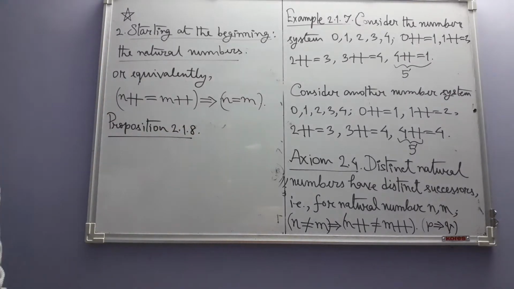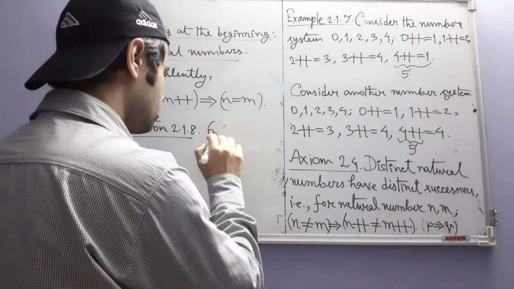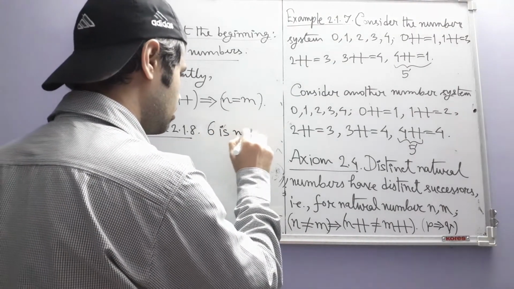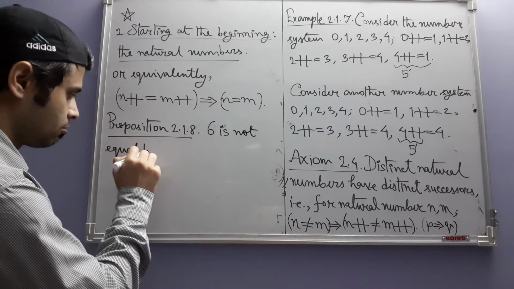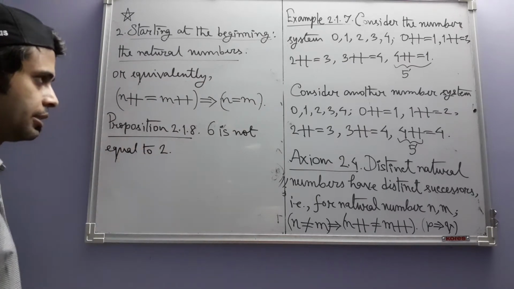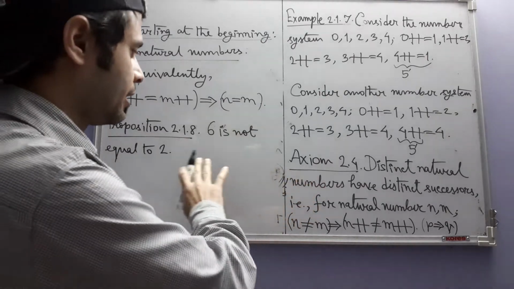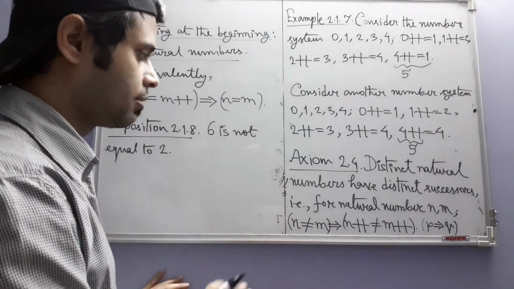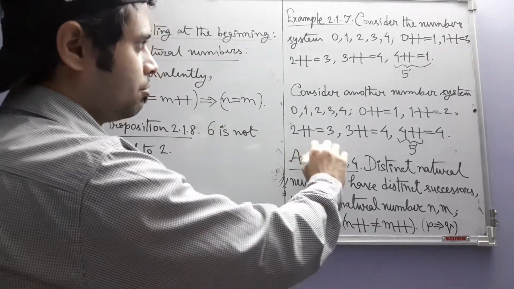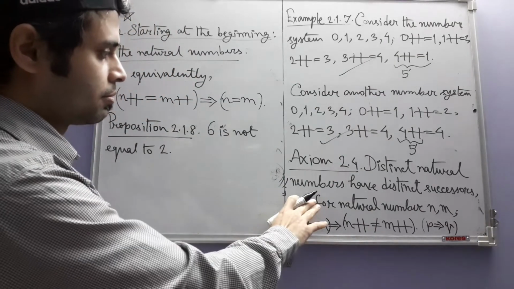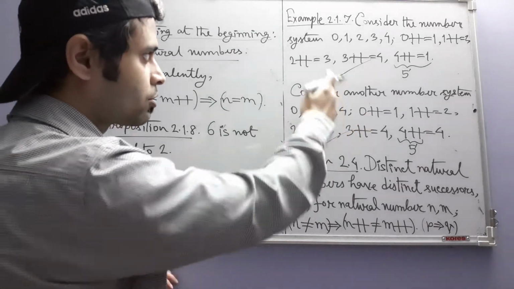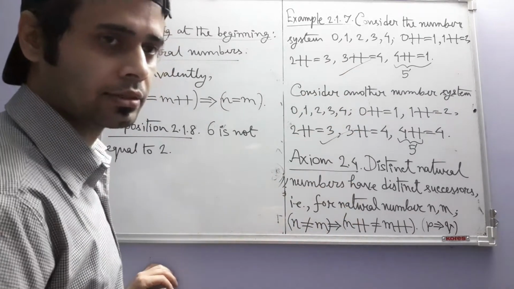And what this proposition says, 6 is not equal to 2. Okay, this is just one of the problems that is taken care of by this axiom. All of these things can be shown to not occur if we assume this axiom.